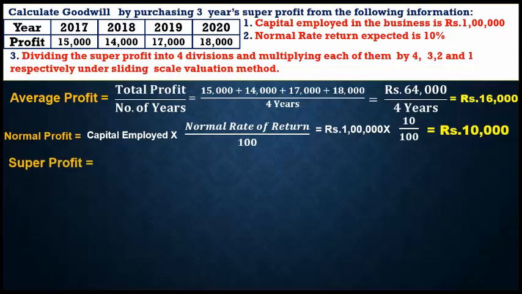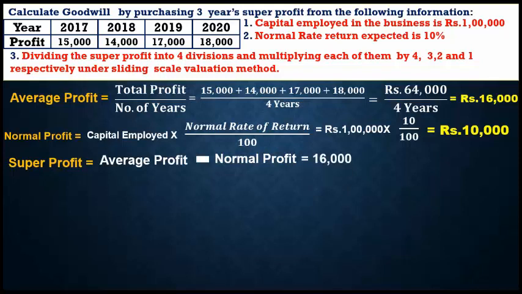Okay, now you have to calculate super profit. Super profit is equal to average profit minus normal profit.